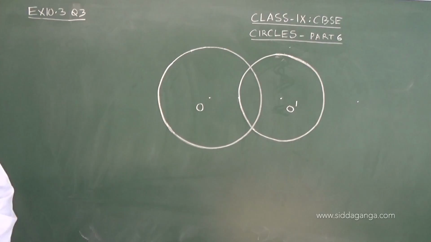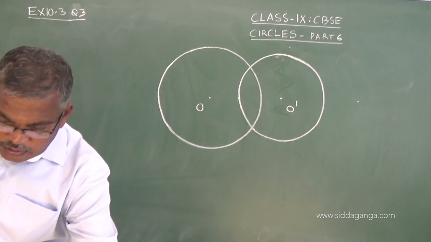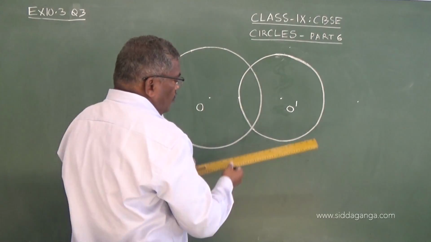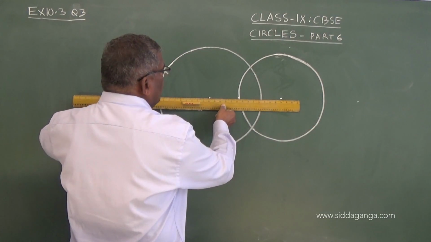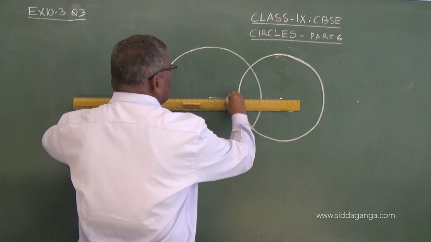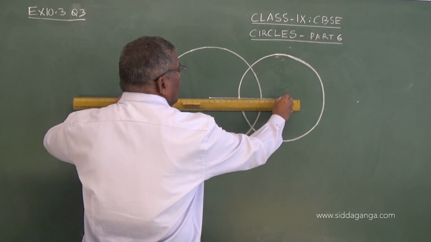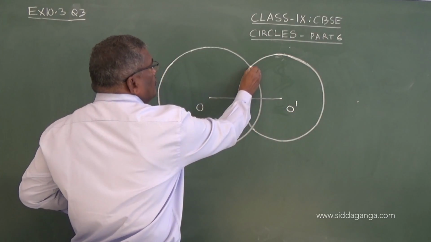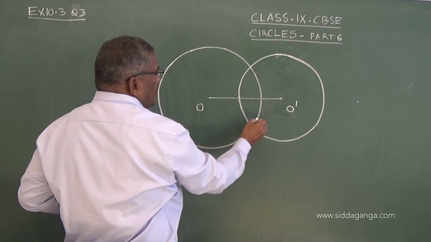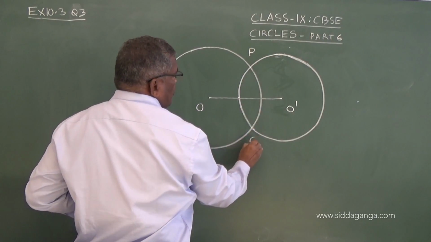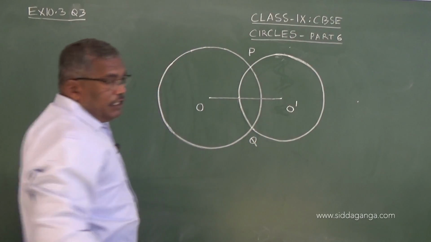Now I will join O and O dash. And as you can observe, these two circles are intersecting at 2 points. Let us call these points P and Q.